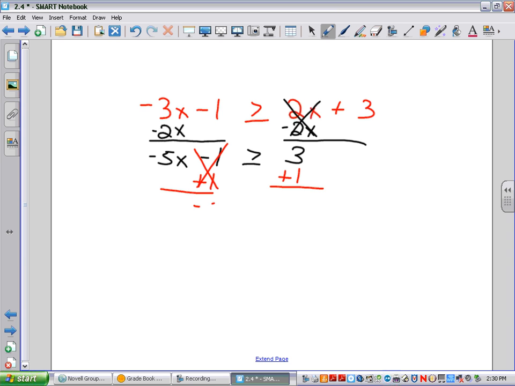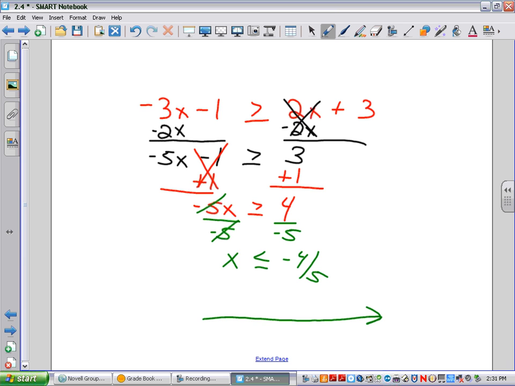So I'm left with negative 5x greater than or equal to 4. Last step, divide by negative 5. Mark out my negative 5's. And because I'm dividing by a negative, again, I must switch the sign. And I'll just write that as negative 4/5. X is now less than or equal to negative 4/5.